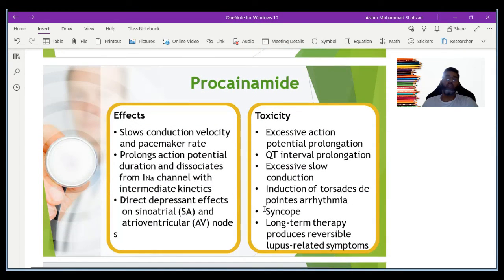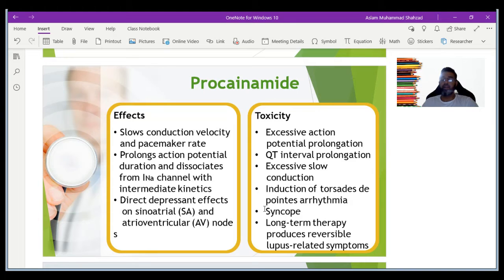When we talk about procainamide, the effect is that they are responsible for slowing the conduction velocity and pacemaker rate, and prolonging the action potential duration, with dissociation from the sodium channel with intermediate kinetics, and they have a direct depressant effect on the sinoatrial node and atrioventricular node.